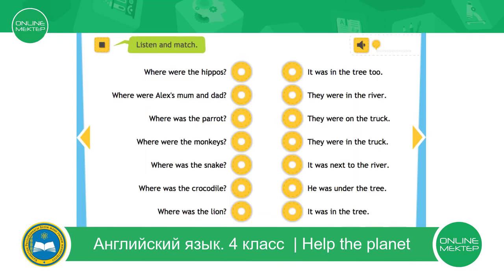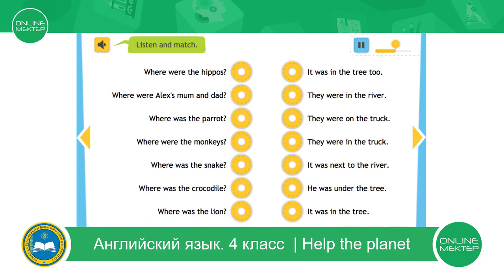Listen and match. Were there lots of animals on your holiday in Africa? Oh, yes, there were. It was great. Look at these photos. Oh, that's a pretty parrot. Where was it? It was in the tree. Look. Ooh, is that a green snake? Yes, the snake was in the tree too.